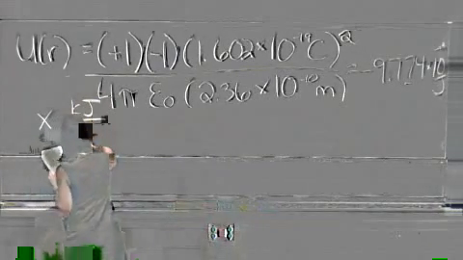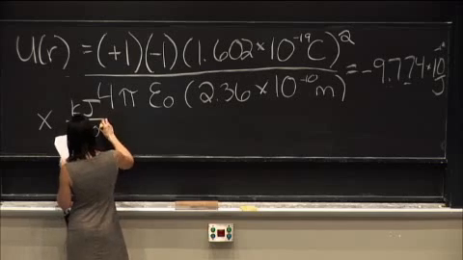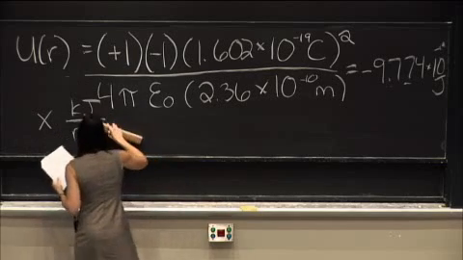So if we multiply that number there by kilojoules per mole, or excuse me, first kilojoules per joule, so we have 1,000 joules in every kilojoule. And then we multiply that by Avogadro's number, 6.022 times 10 to the 23 per mole.